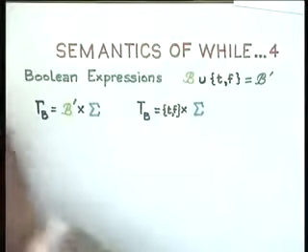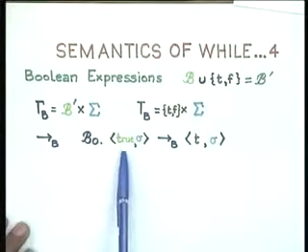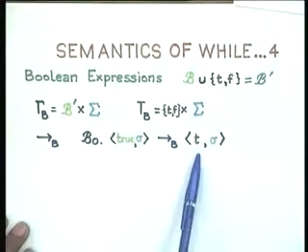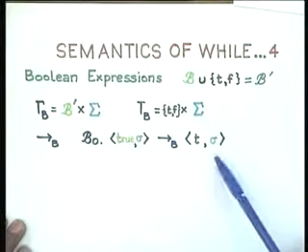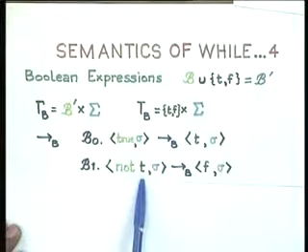So you have this set of final configurations, and my first rule for the semantics of Boolean expressions is just that the constant true evaluated in any state sigma gives me the t of the underlying machine or interpretation, the truth value. And a not of this constant t is f.